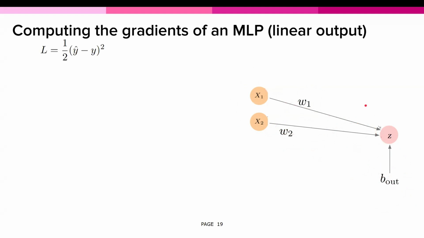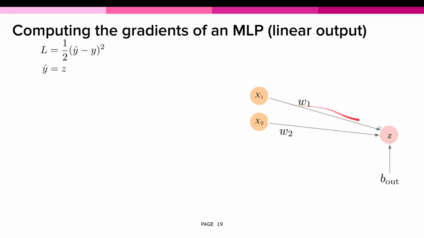So let's select squared loss as our loss function. If the output of the network is y hat, then we're simply comparing that to the true label y, and then we're going to square that and divide it by two, where the half is for mathematical convenience later. And in this network, the output of the network is just z.